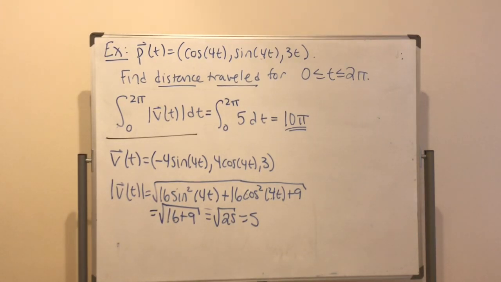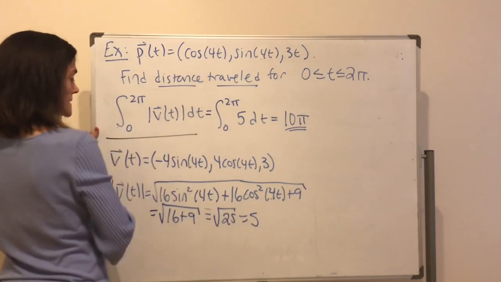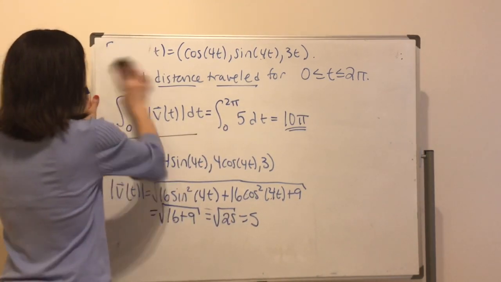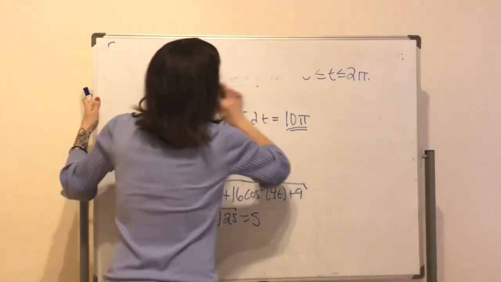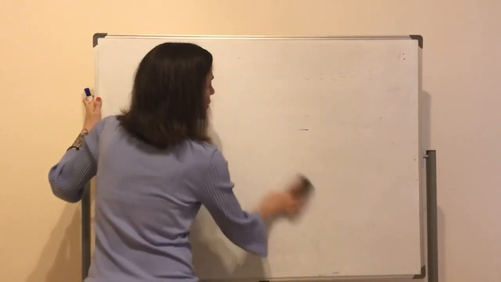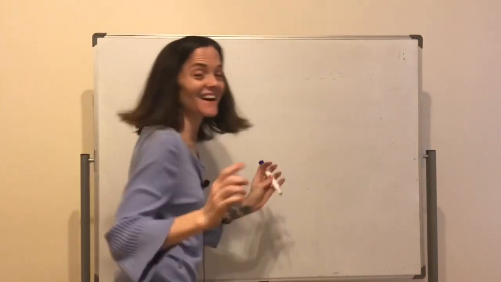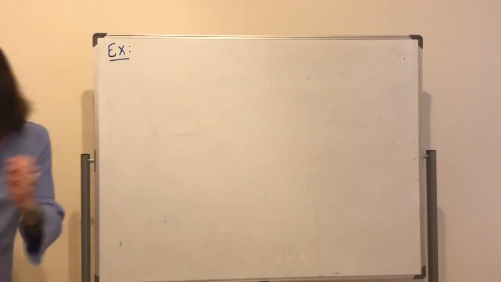Now let's do another one. Let's see, maybe I will erase this one. We'll do some more examples. Usually they're not that simple. We don't just integrate a constant, but it was a nice first example for distance traveled.